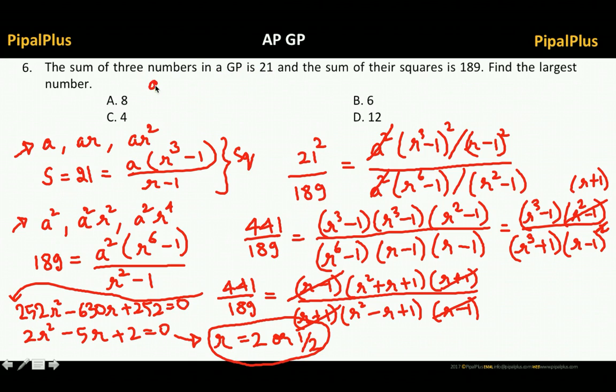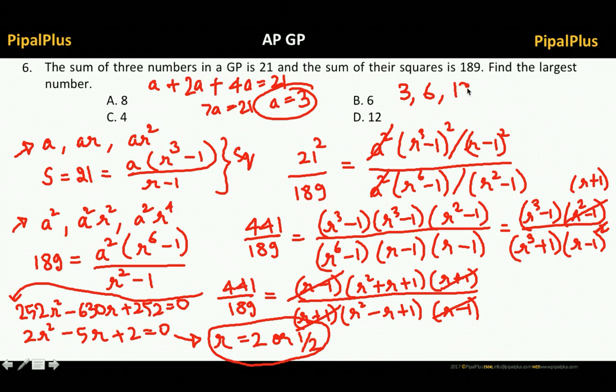So a being the first number plus a into r, let's take the ratio as 2. So 2a plus r squared into a, which is 4a, is 21, right? So when I solve this, I get 7a equals 21, a equals 3, right? So the series is going to be 3, times 2 is 6, times 2 is 12.